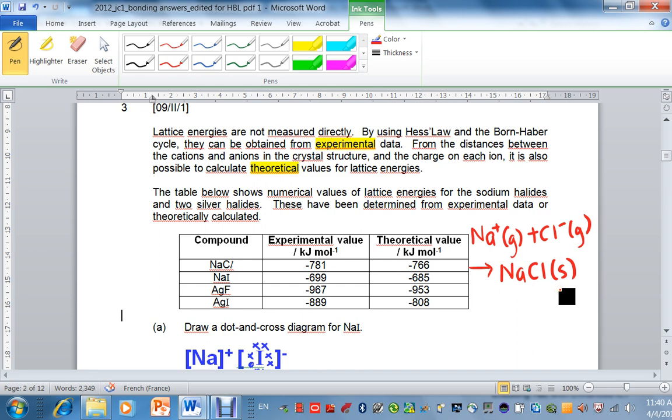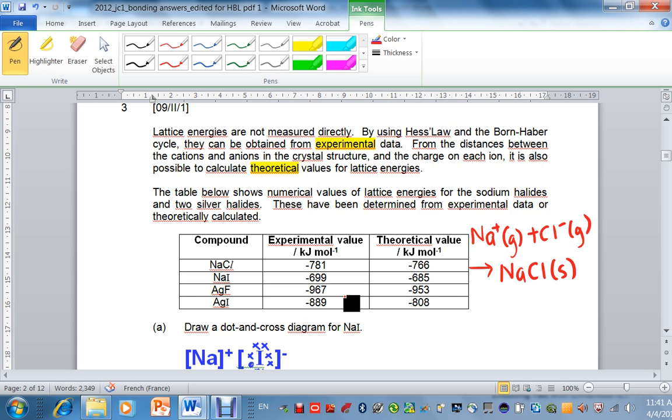So basically this process involves the formation of ionic bonds. It's not the breaking of the ionic bonds. That's why lattice energy is negative. But here we'll just look at the magnitude of the value to determine the strength of the ionic bond.